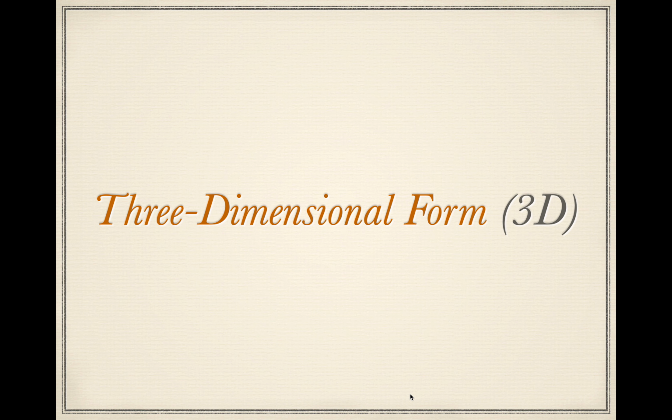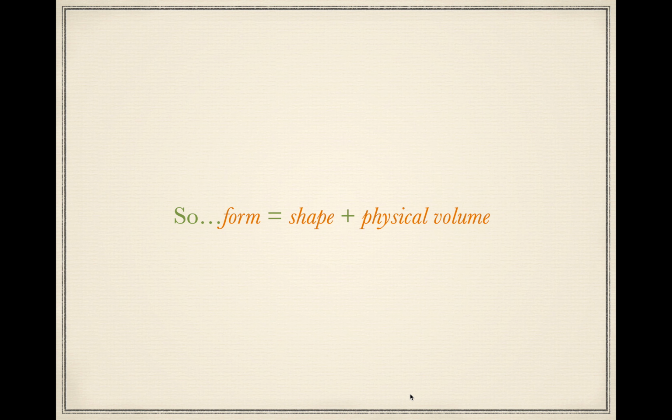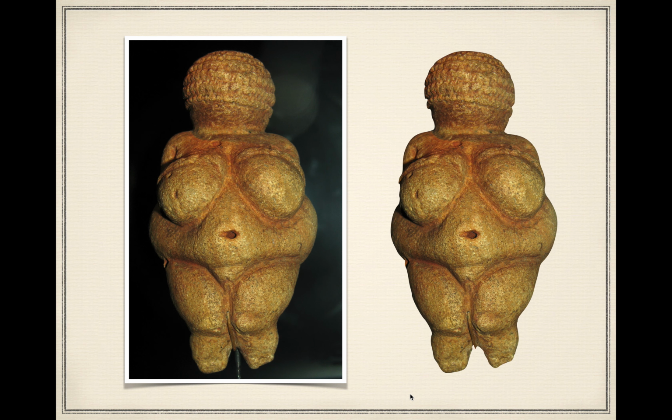So, if two-dimensional form was its shape and its perceived volume, three-dimensional form is its shape plus its physical volume. So, let's consider the woman of Willendorf, who we all know and love. Now, she is an actual physical object. Remember, I passed a facsimile of her around during class, and you can actually physically hold her in your hand.